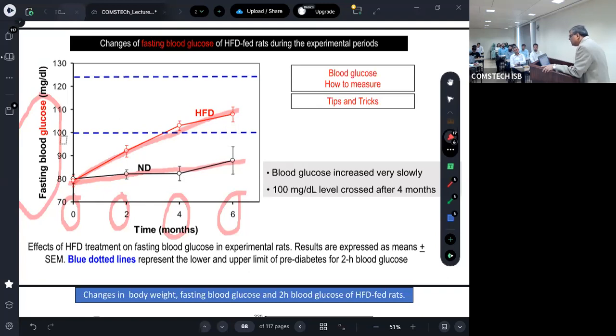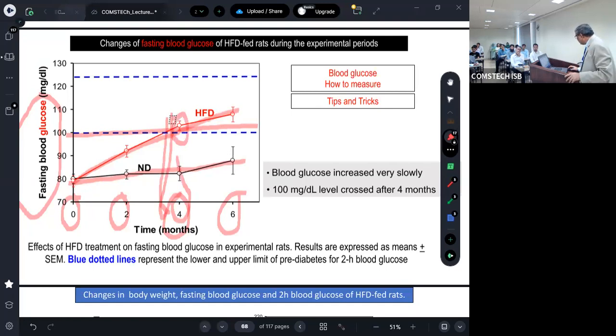The pre-diabetes range is 101 to 125. We found that almost before 3 months, around 4 months, it crossed the range.